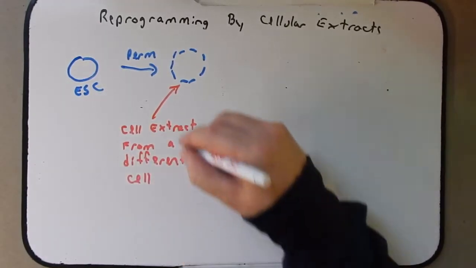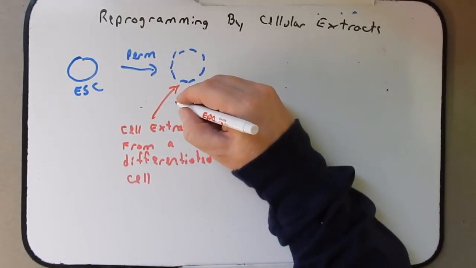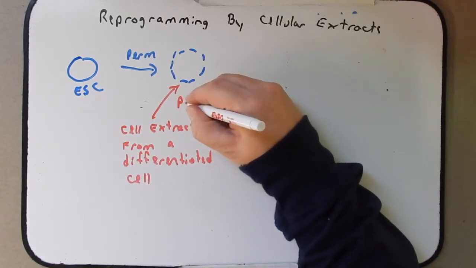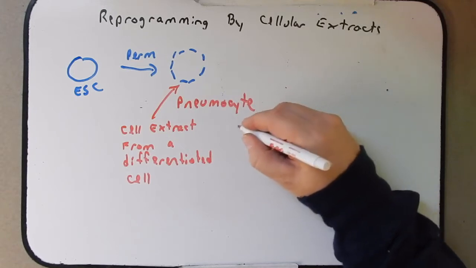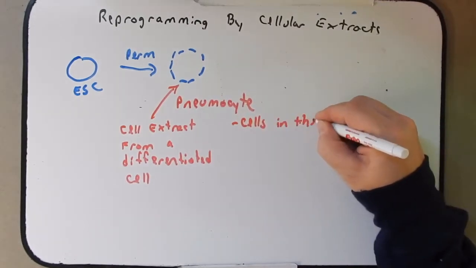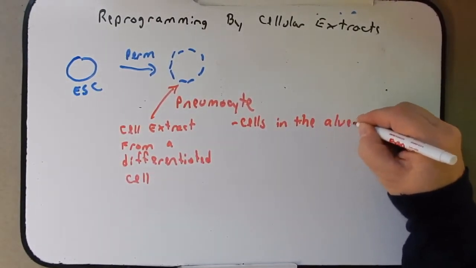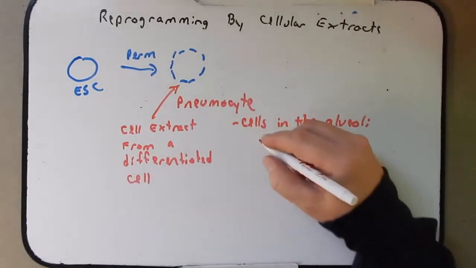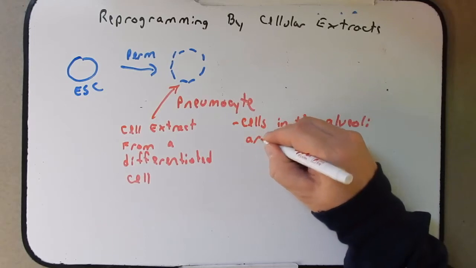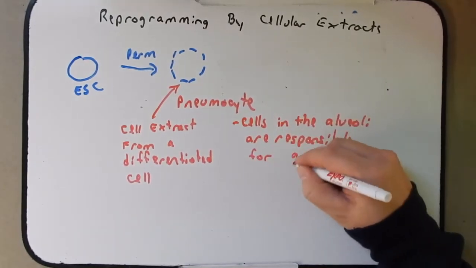For instance, we could add cell extract from a pneumocyte. These pneumocytes, just so you know, are cells in the alveoli, which is a part of the respiratory system found in the lungs, and these cells are responsible for gas exchange.